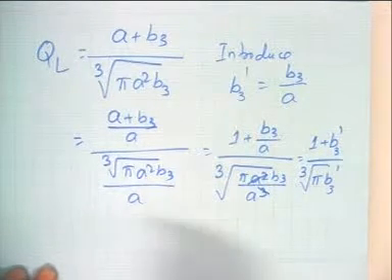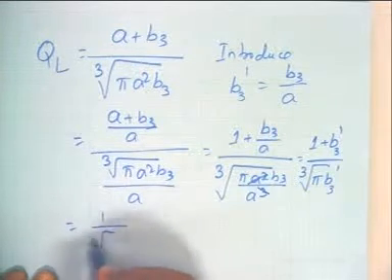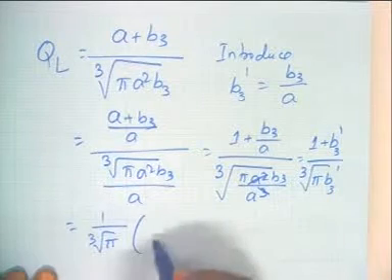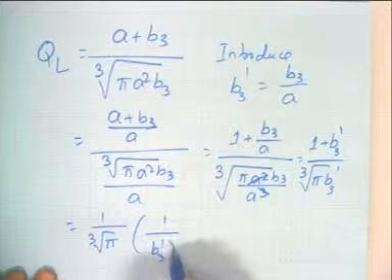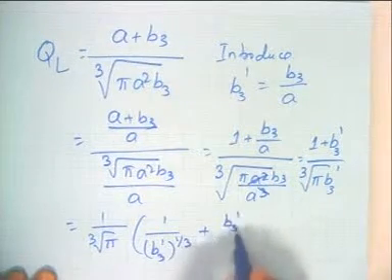Okay. So, now I do it like this: 1 over cube root of pi is my constant term, then this becomes 1 over B3 prime to the power 1/3 plus B3 prime.